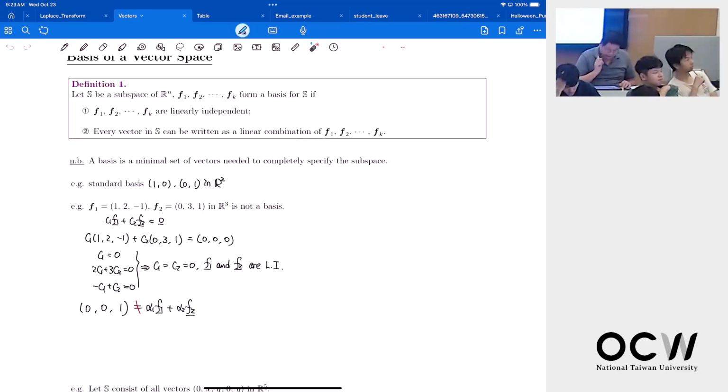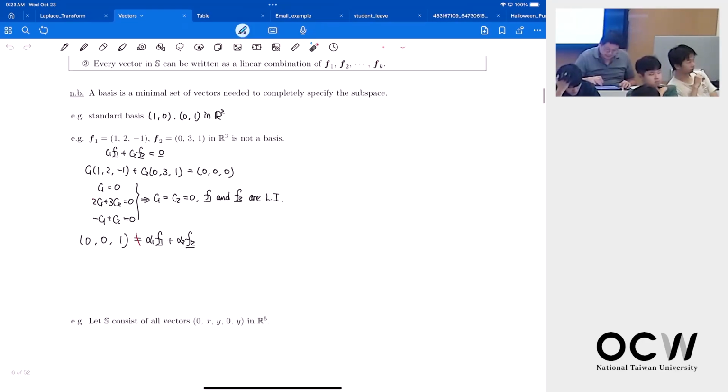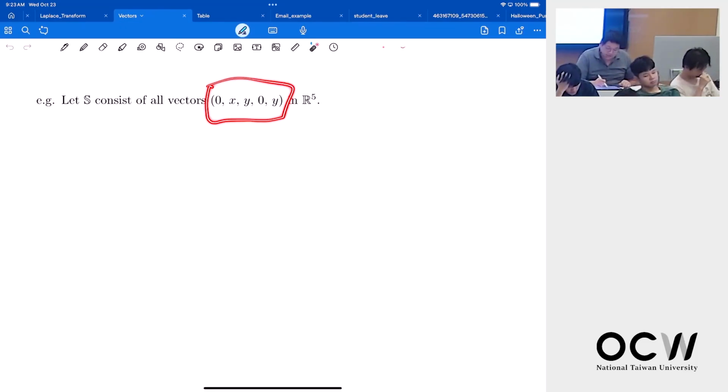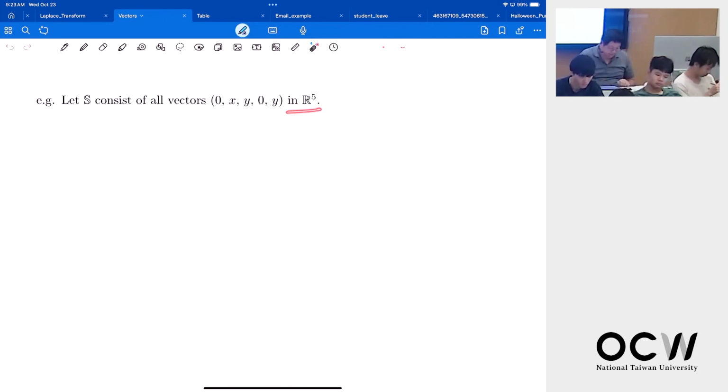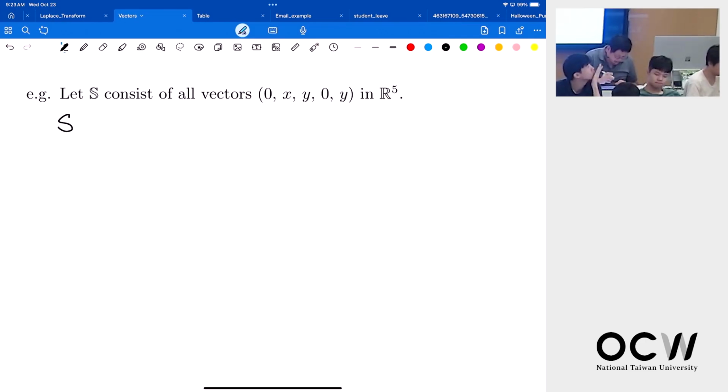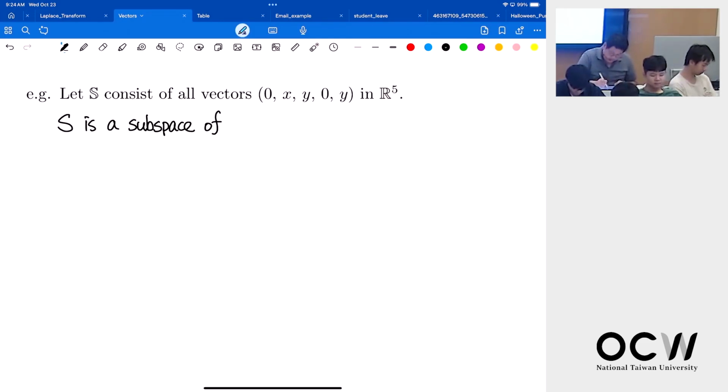Okay, let's see this. I have a set S that consists of all the vectors in this form, always 0 in the first and the fourth element, in R5. Then we say this S is a subspace of R5.